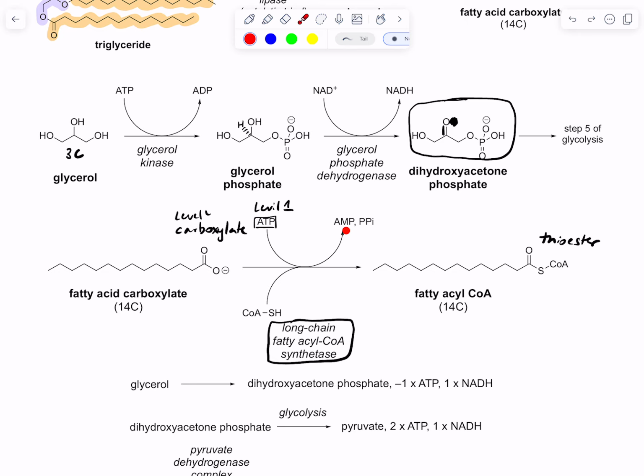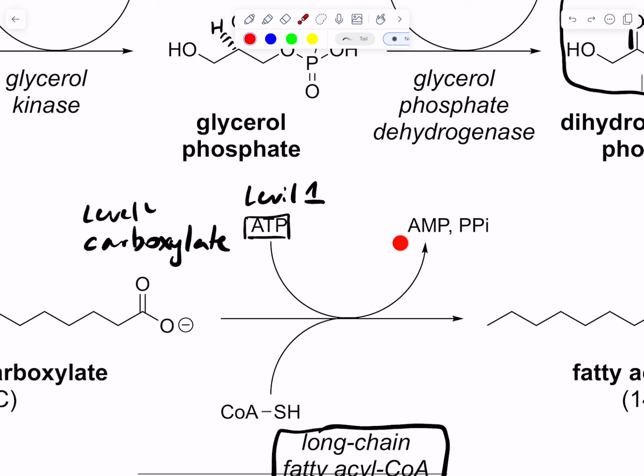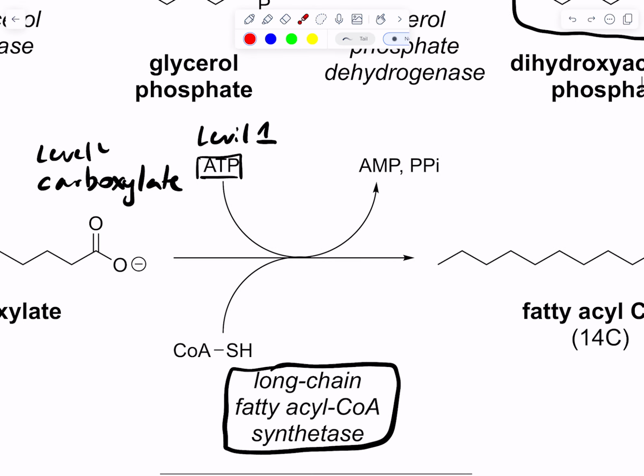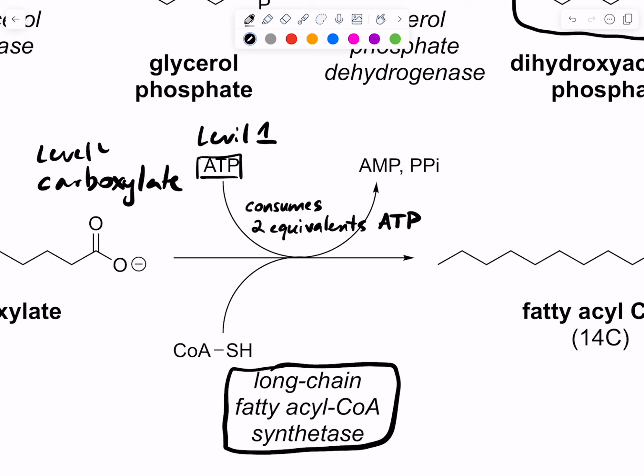Now, one interesting feature here is you don't just make ADP. In fact, the way the mechanism works, you make AMP, which means you clip 2 phosphates off of ATP. When I show you the mechanism, that'll become clearer. But one thing you need to understand about this step is, because you're hydrolyzing 2 phosphates off of ATP, this step consumes 2 equivalents of ATP.